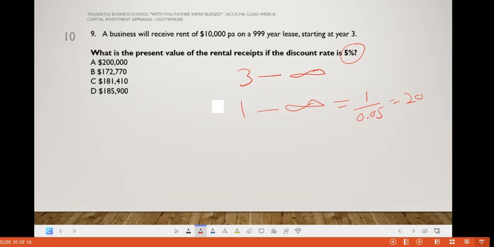That's 20. The factor is 20.00. Then we need to know the annuity factor between year 1 and year 3. So the 2-year annuity factor.